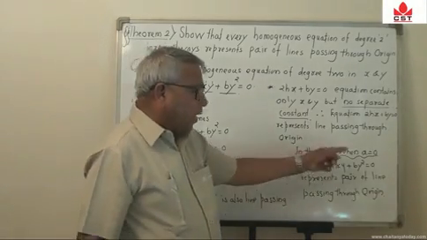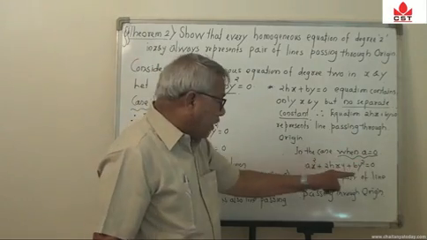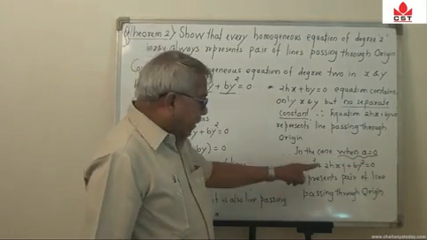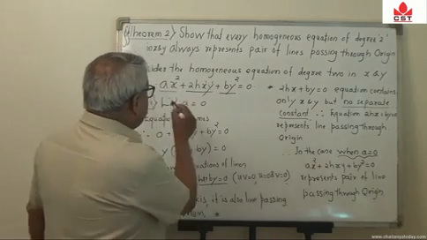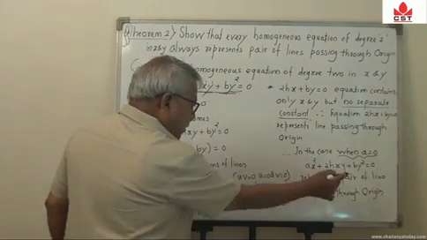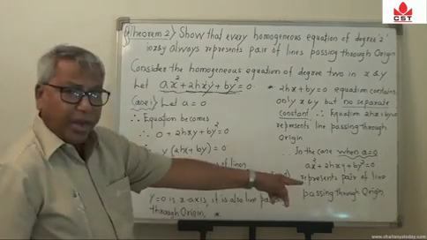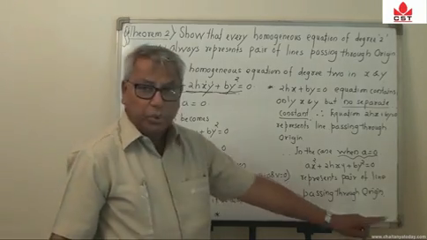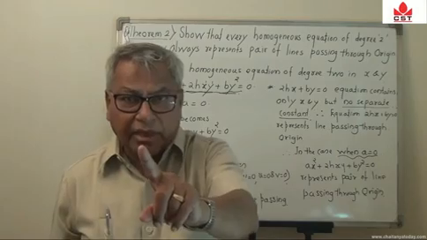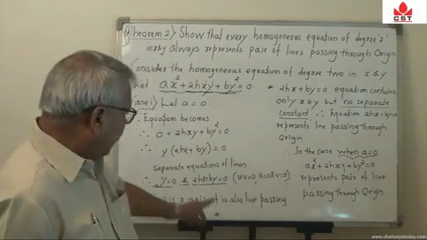So in the case when a is equal to 0, ax square plus 2hxy plus by square equal to 0 represents a pair of lines passing through origin. Agree? Two lines are there.